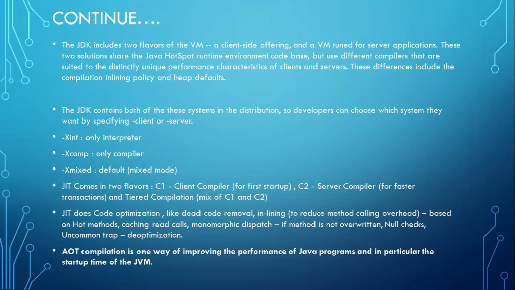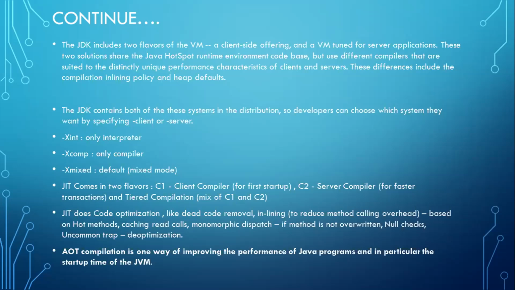If you are executing a piece of code in a loop, or let's say you have written a particular method in Java and you are calling this method very frequently. Now think about two scenarios. Scenario number one is you are only doing interpretation. You are not involving just-in-time compilation.